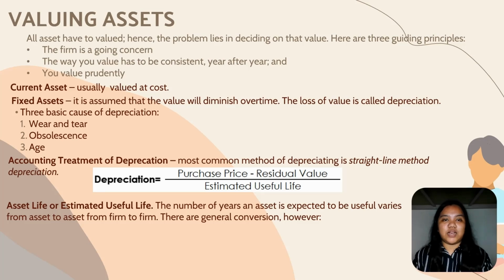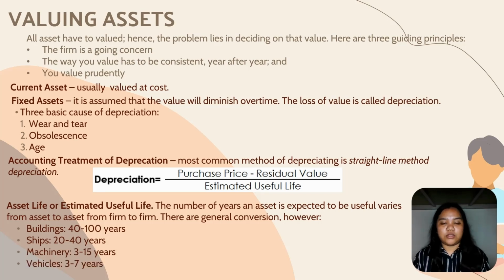It is the number of years you expect to use your asset, and it usually varies from asset to asset and firm to firm. There are general conventions, however, such as building at 40 years. So you can see the years range. In setting the value, you must also set the useful life. Here the consistency principle comes in: for one asset, you must value it consistently using the same number of years.